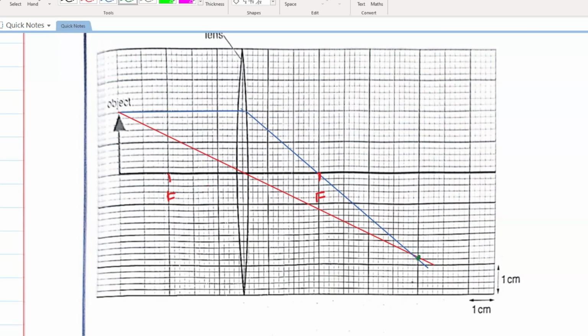And we can also mark an arrow here, let's do it with the arrow tool. The arrow is somewhat like this. This is your image. Let's align the arrow as well. Somewhat like this is your image.